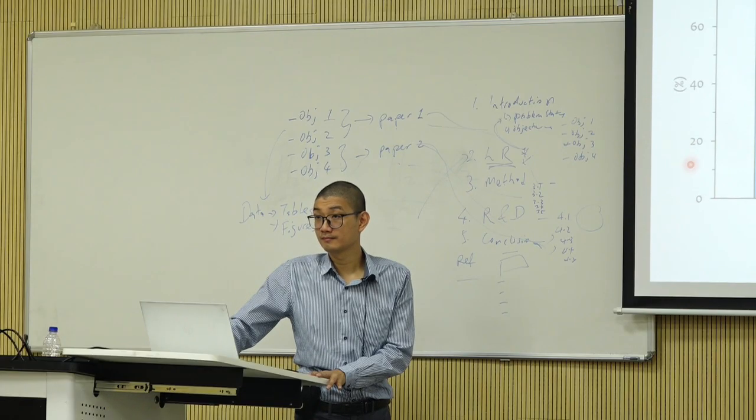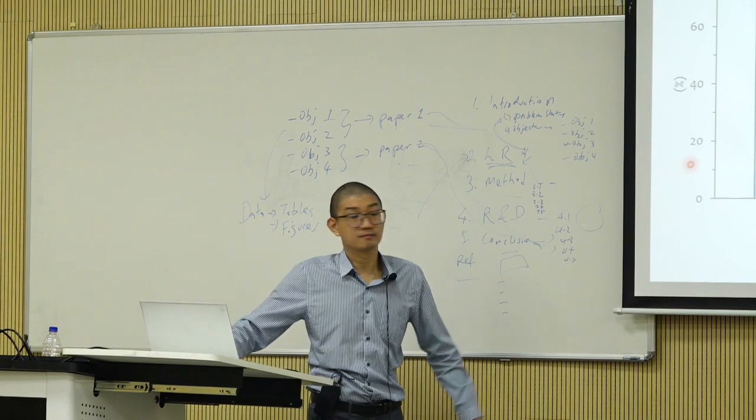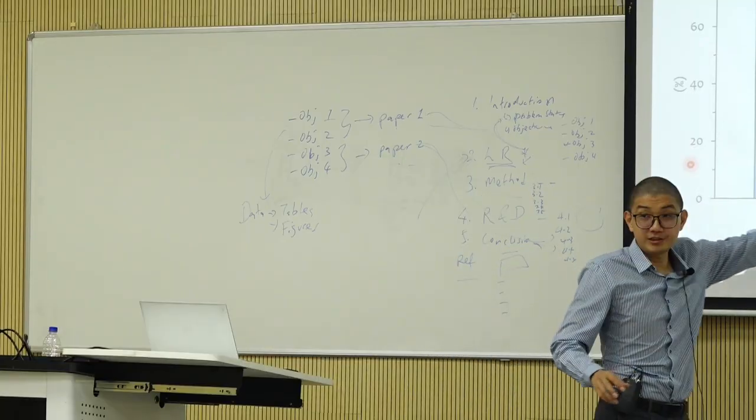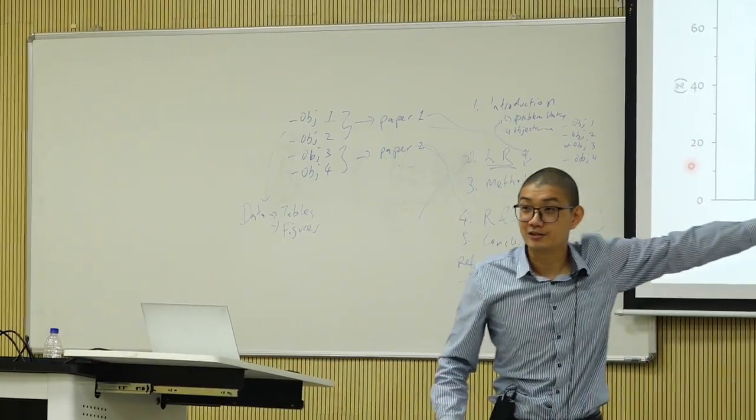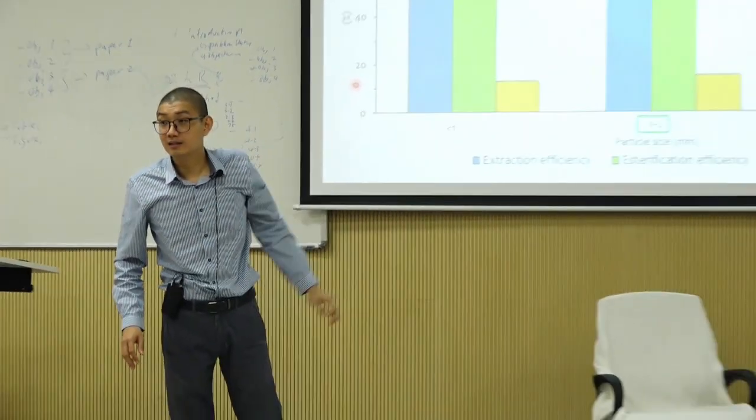Like here, the esterification efficiency, the second bar is dramatically increasing, but is there any other side product also increasing? What is your question? I can't understand your question. Other than our side product, are there any other side products?